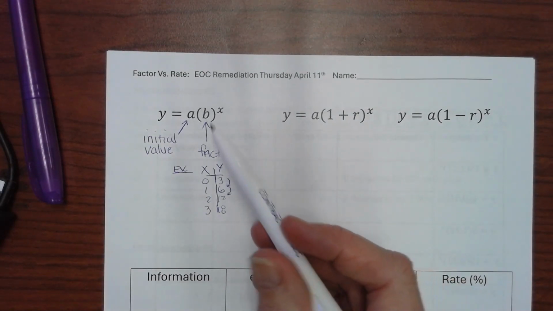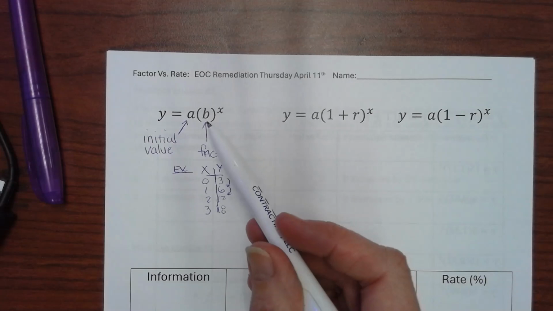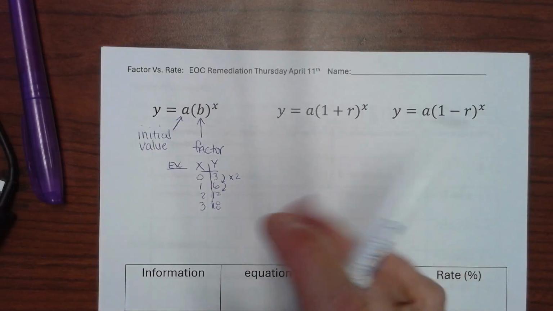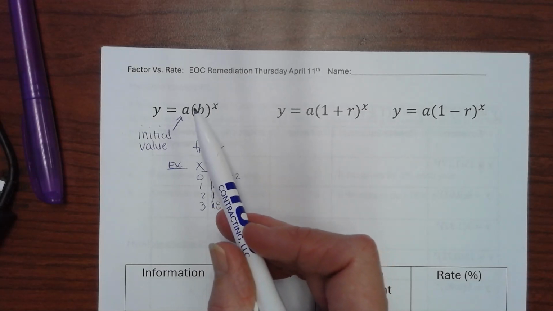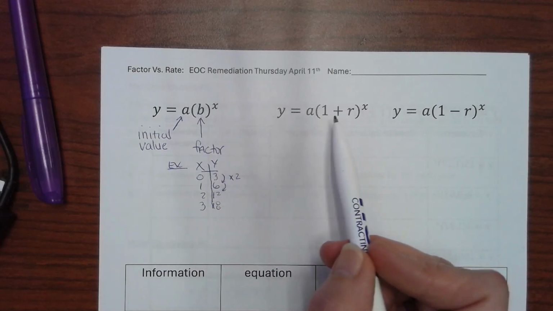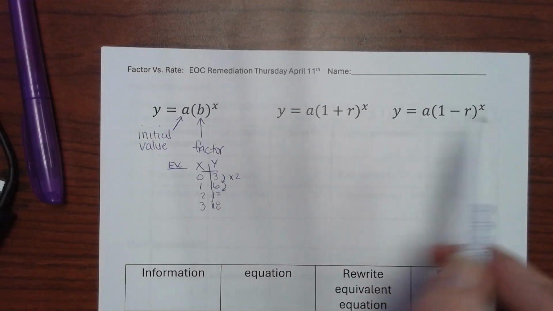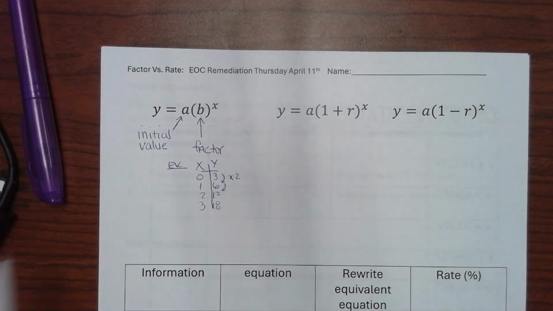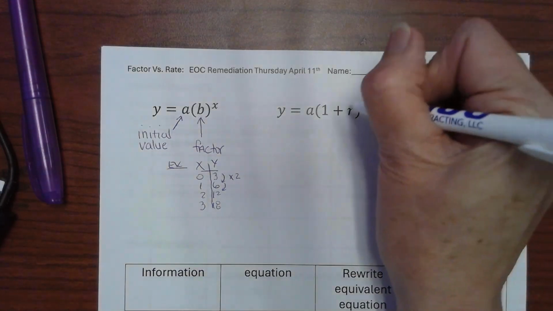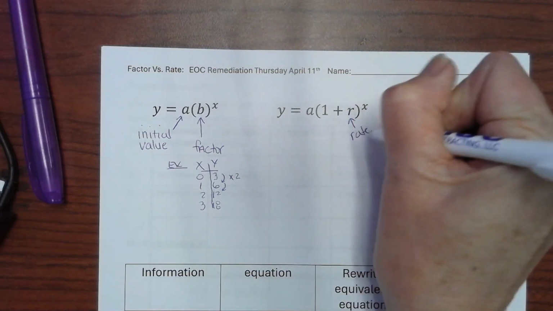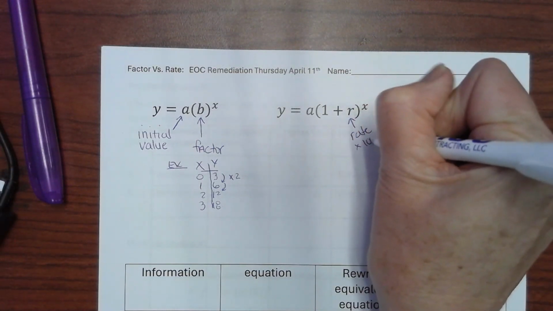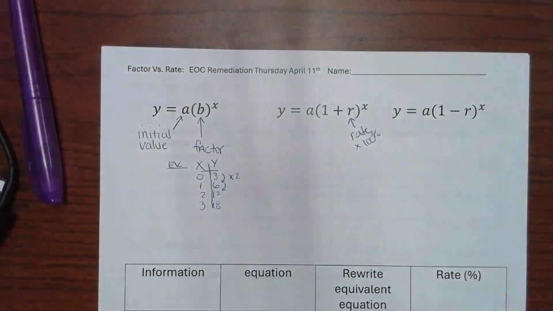Okay? The rate is not the same as the factor, and that's where the confusion comes in. We actually have to rewrite the b as either 1 plus r or 1 minus r so that we can pull that rate right out, because the r is the rate, and once we have that r, we want to multiply that by 100 to get it in a percent, okay?